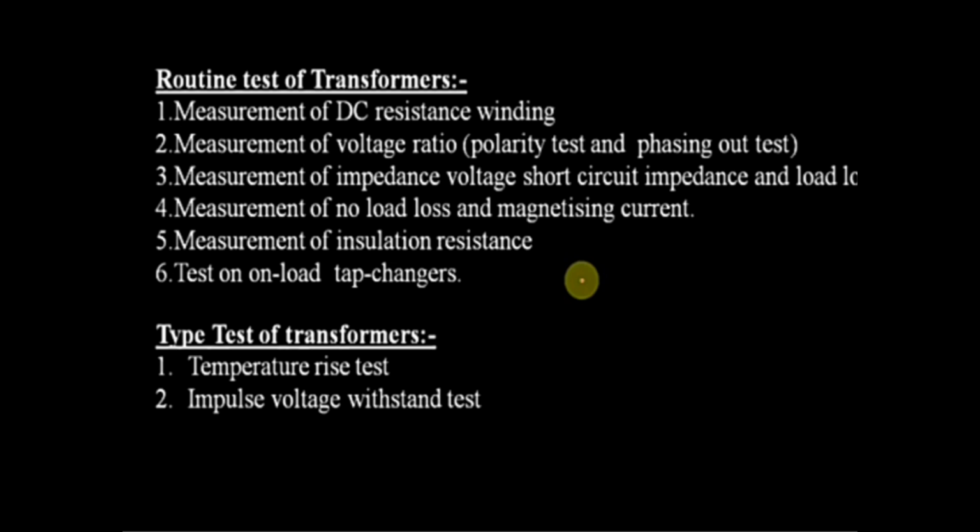The routine tests of transformers are: first, measurement of DC resistance of winding; second, measurement of voltage ratio, that is the polarity test and phasing out test; third, measurement of impedance voltage, short circuit impedance and load loss; fourth, measurement of no load loss and magnetizing current; fifth, measurement of insulation resistance; sixth, test on on-load tap changer.